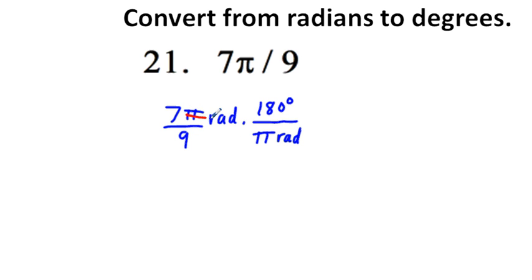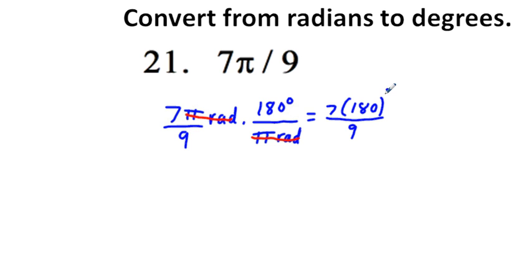We have pi radians in the numerator, pi radians in the denominator. So we are left with 7 times 180 over 9.